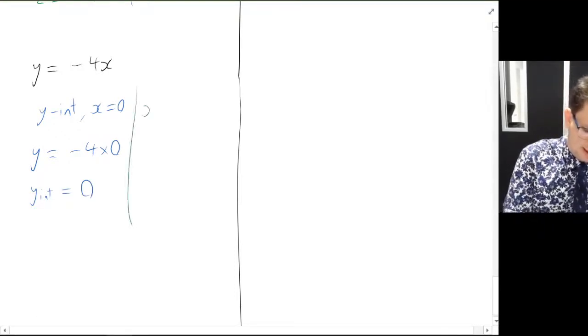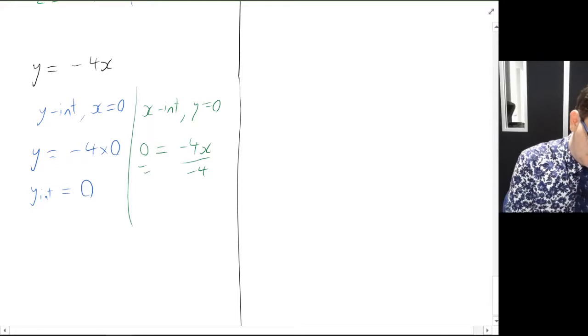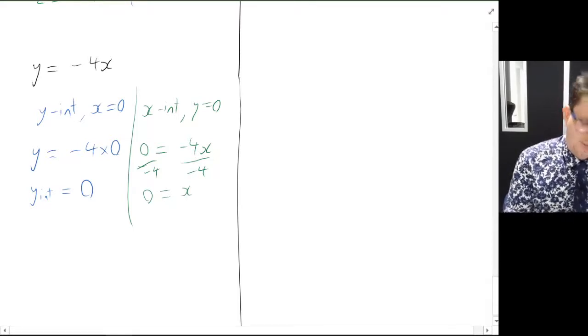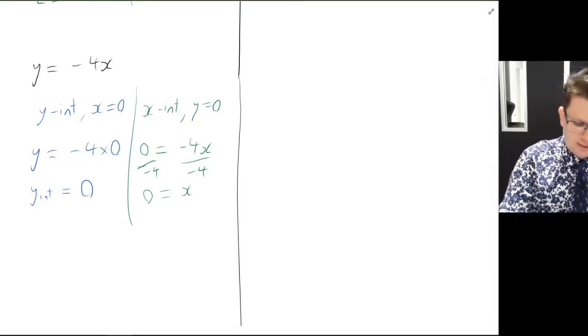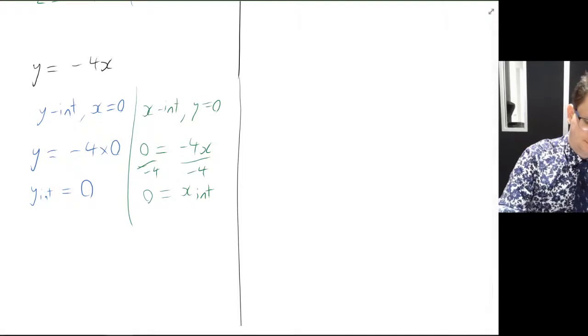And let's try to find the x-intercept. Well, the x-intercept is when y is equal to 0. 0 on the left equals minus 4 times x. Divide both sides by minus 4. And 0 divided by negative 4 is still just 0. And we're left with x on the right. So my x-intercept is also 0.